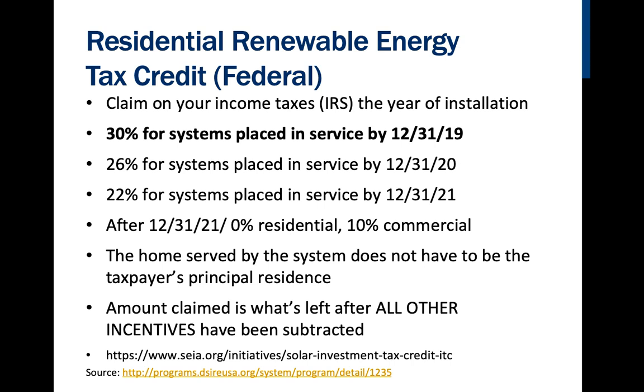By the end of December 31st, 2020, you need to have that installed, and then it bumps down to 22%. After December 31st, 2021, it goes to 0% federal tax credit. So if you're going to jump off the fence, you've got to do it now. Or if you know somebody that is kind of a fence sitter, kind of thinking maybe doing it, now's the time to do it.